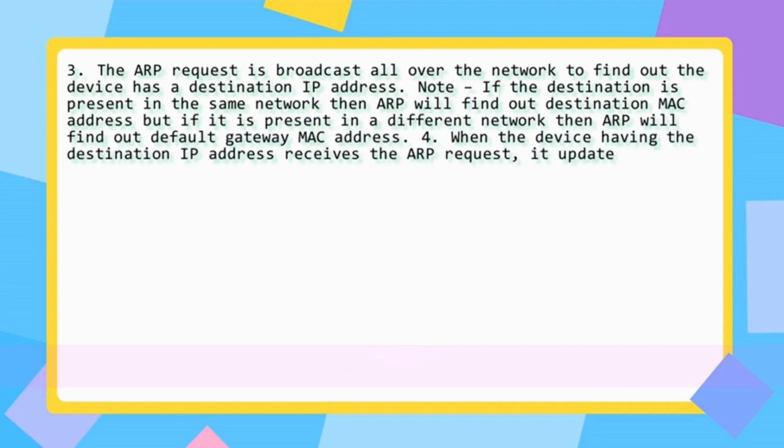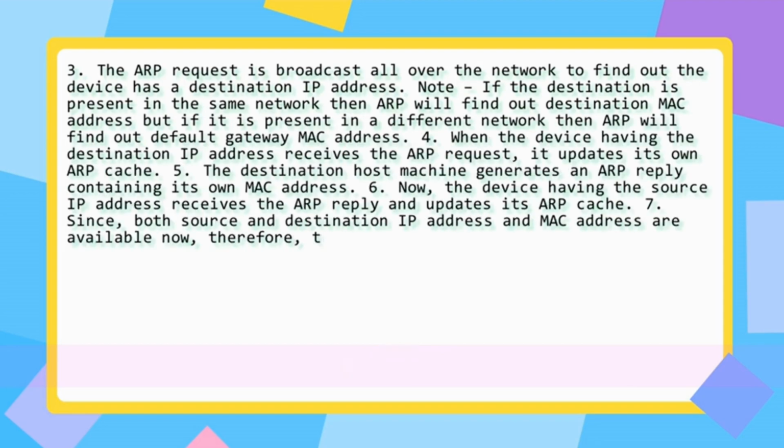The ARP request is broadcast all over the network to find out which device has the destination IP address. Note: if the destination is present in the same network, then ARP will find the destination MAC address. But if it is present in a different network, then ARP will find the default gateway MAC address.